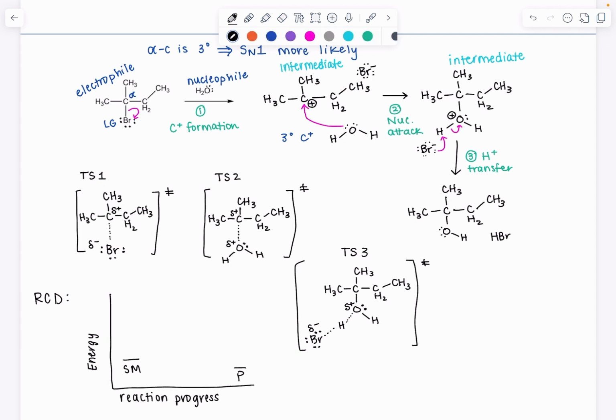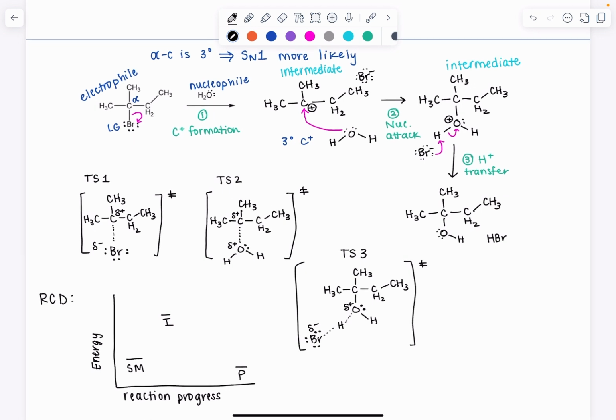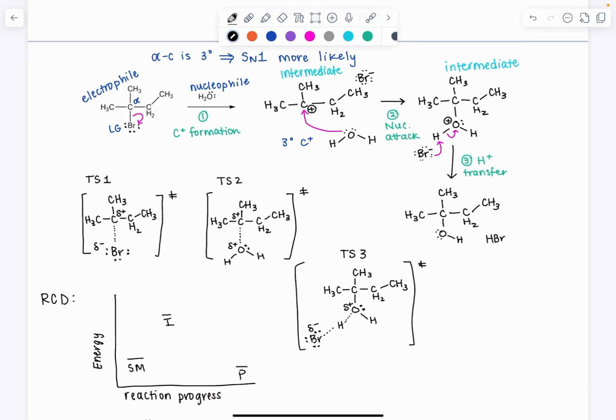That forms the high energy intermediate. So I'll put intermediate 1, high energy, or higher than intermediate 2. So just labeling these intermediate 1, intermediate 2, intermediate 1, intermediate 2.